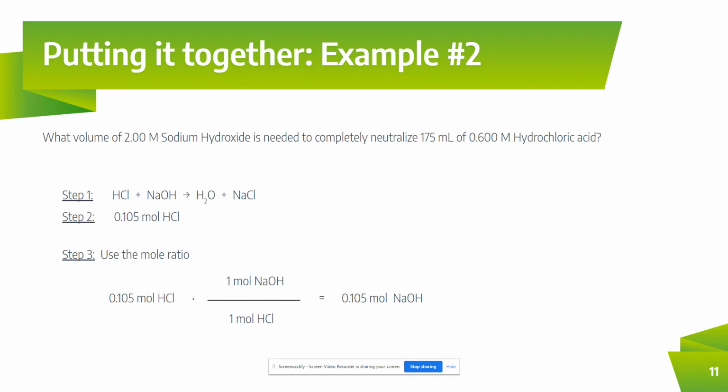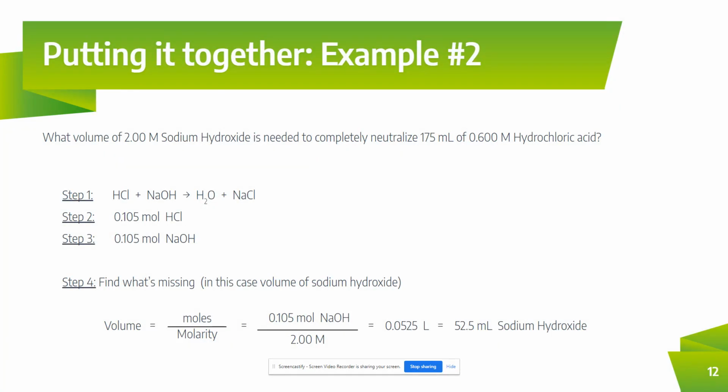The next thing we're going to do is use the mole ratio to figure out how many moles of sodium hydroxide there are. Because it's a 1-to-1 ratio, we see that we have the same number of moles of hydrochloric acid as we do of sodium hydroxide. As the last step here, we're going to answer the question, which was what volume of 2 molar sodium hydroxide is needed.